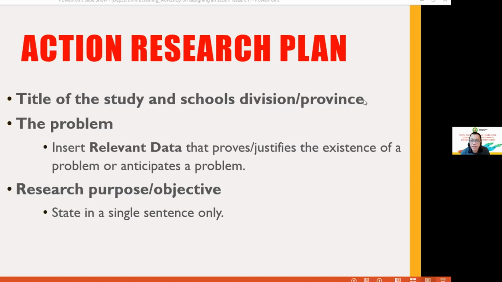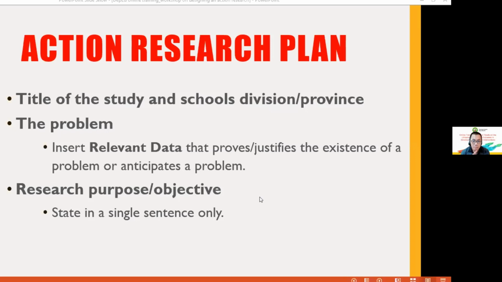So sa mga hindi nakakita sa PowerPoint file sa chat box, kindly take a screenshot, take a picture of the screen so you will be guided on what to prepare and present later.